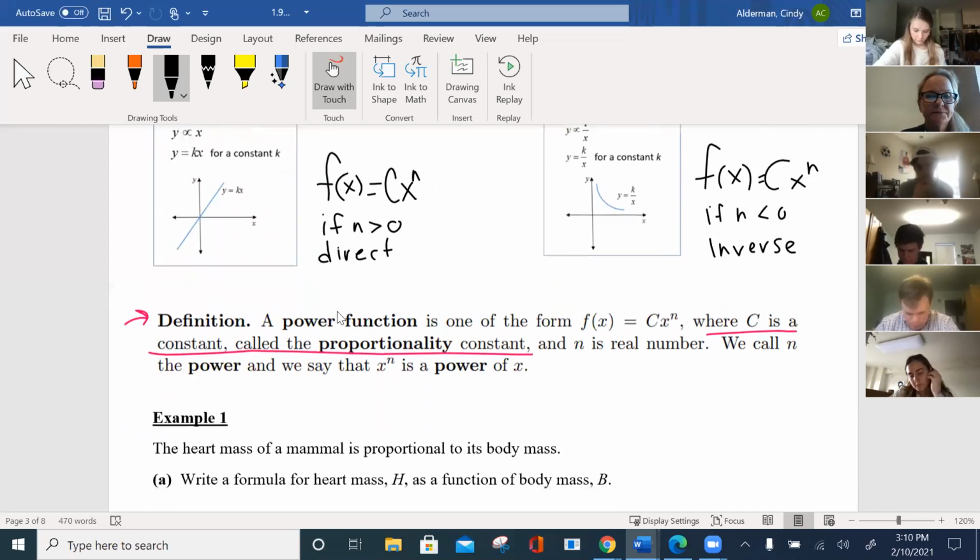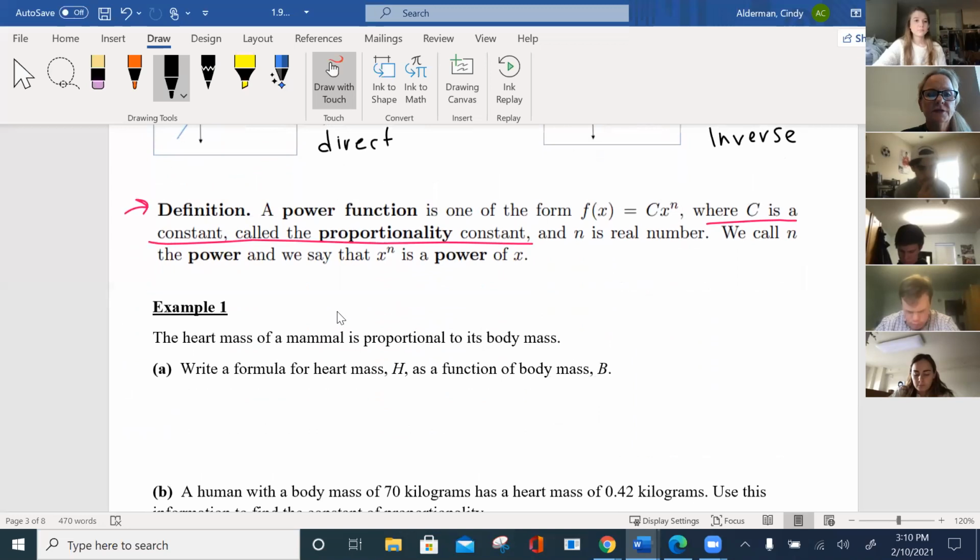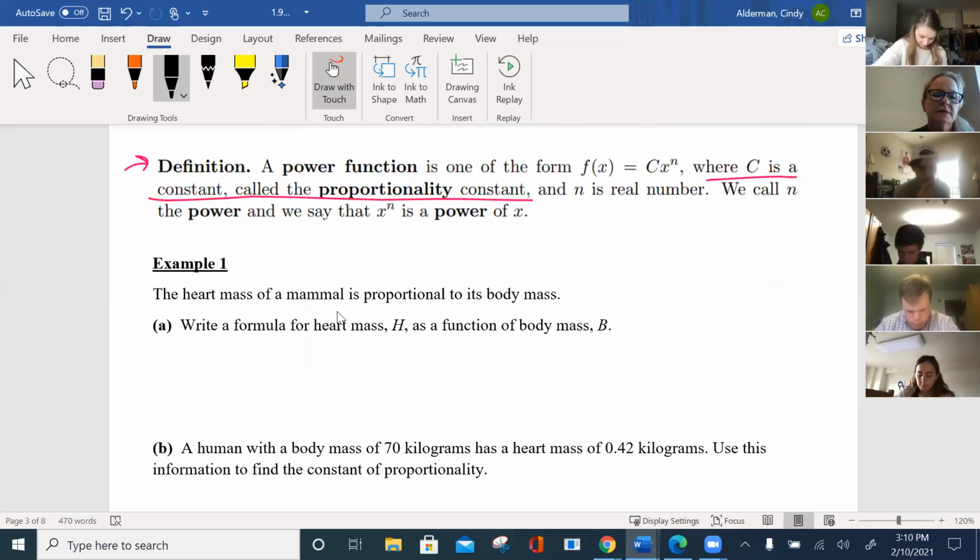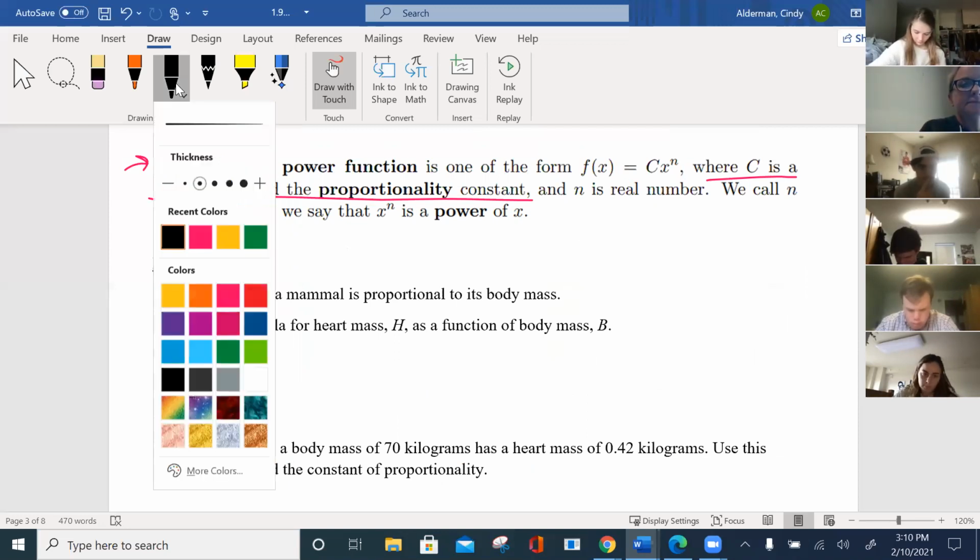Okay. So here's the first example. They want you to write a formula for heart mass as a function of body mass. So I'm going to start out with what you guys know, y equals kx.